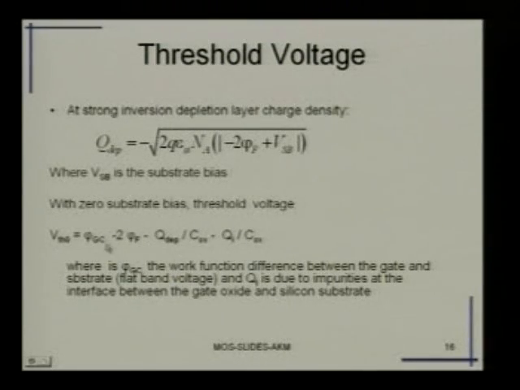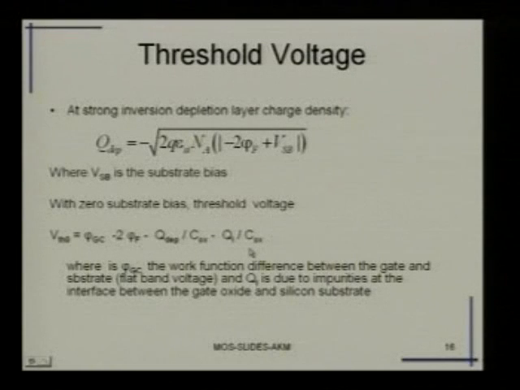That charge must be sustained by the external voltage, and this is the corresponding voltage part. 2 phi f is the voltage required for inversion, the creation of the inversion layer, where phi f is the Fermi potential, and this term comes due to the defects, basically the impurities.